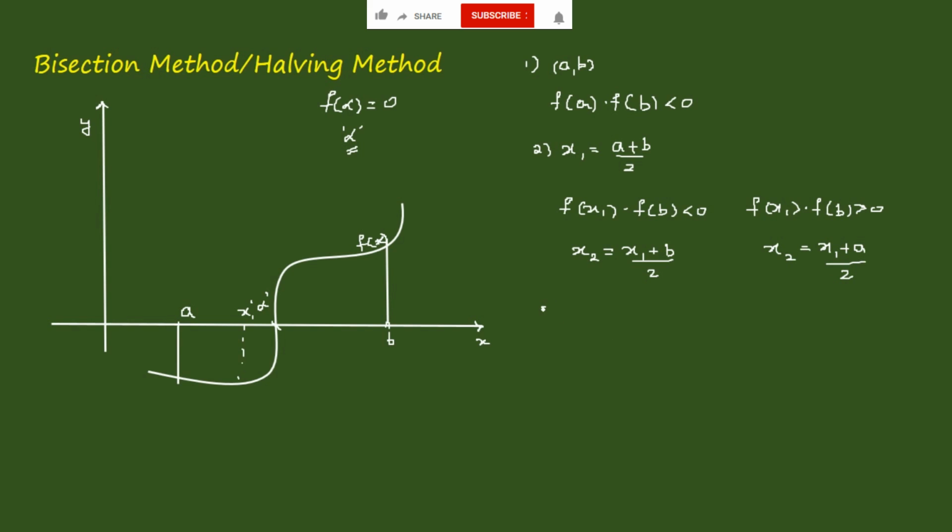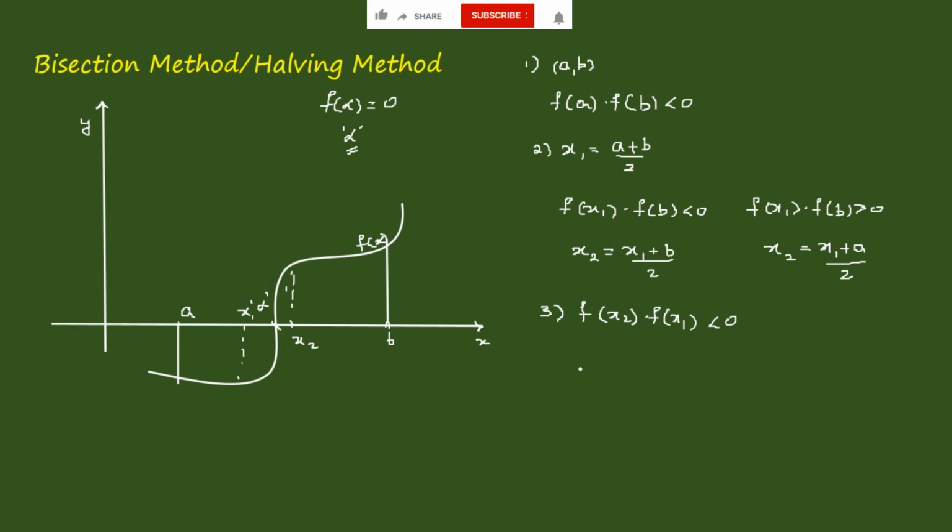The third step: find the value of f of x2. We got an x2 value, say somewhere here. Then f of x2 into f of x1 should be less than 0.